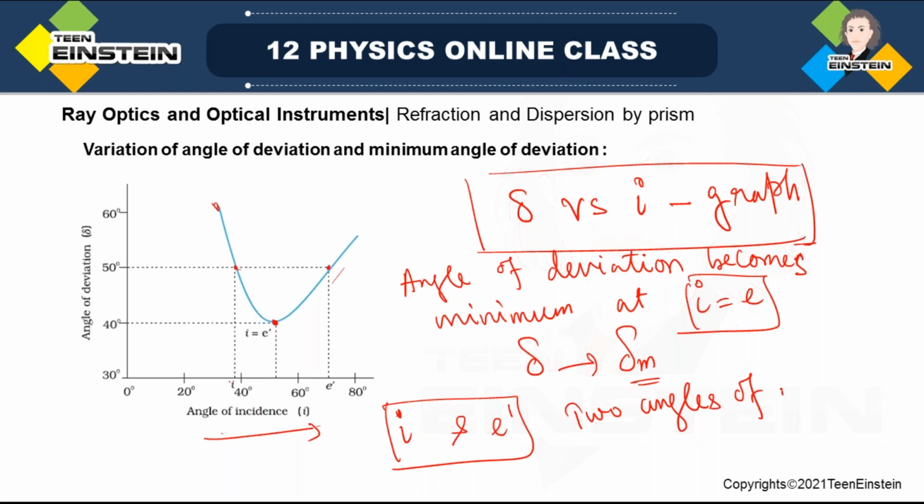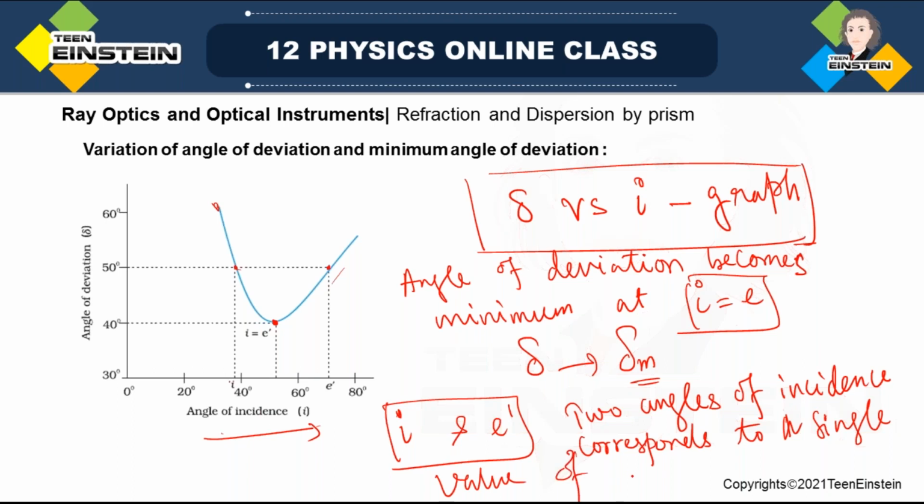Two angles of incidence correspond to a single value of delta.